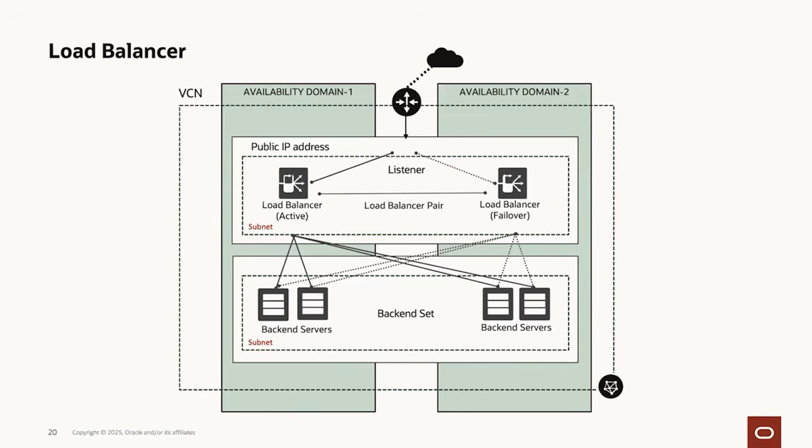However, if you create it within an AD specific subnet, it's not going to give you that failover capability in response to an availability domain outage, right? Because AD specific subnets lock down the resources to a particular availability domain. So it is recommended for and useful for high availability to use regional subnets where you can.